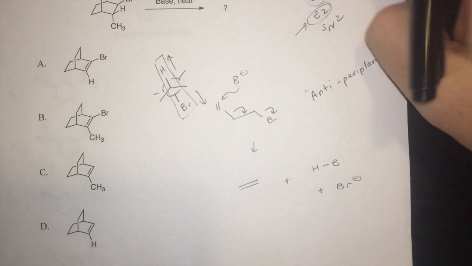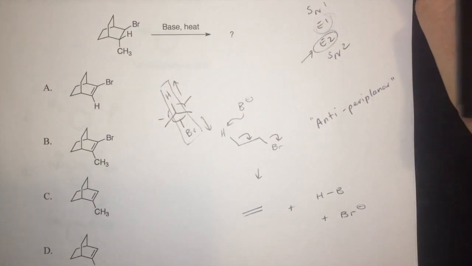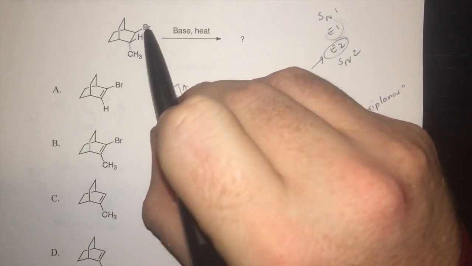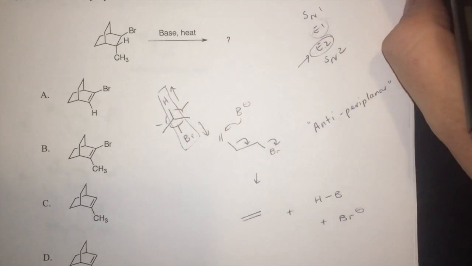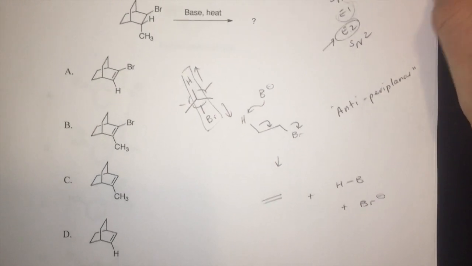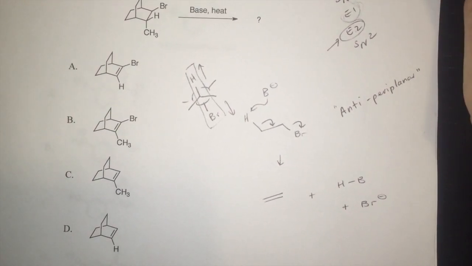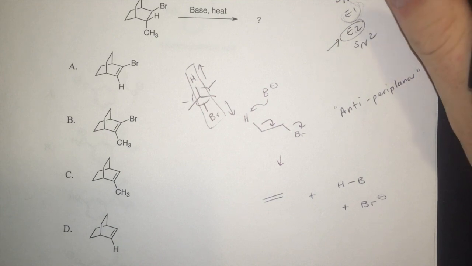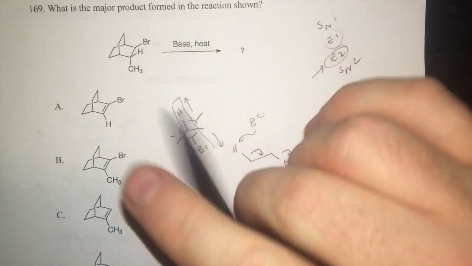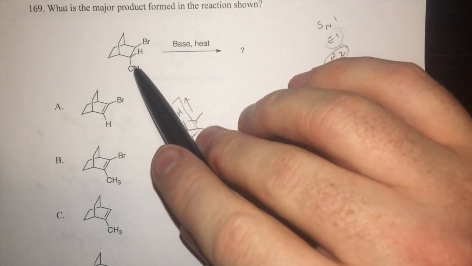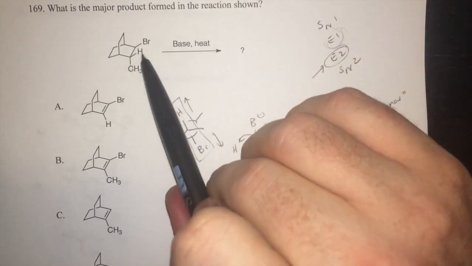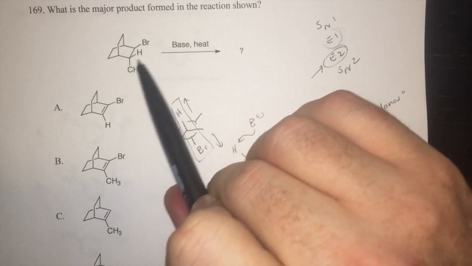That's why it happens. However, in some molecules, as we see in this case here, because here's the bromine, you can clearly see there's not going to be any hydrogen that's anti-periplanar to this bromine at all. So it's very tempting to select E as the product. But basically, what this question is trying to test you on, and I think there's many universities that probably don't even teach this at all, is that in some rare cases, like a constricted molecule, like a bicyclic compound, like we see here, if there is no anti-periplanar hydrogen to the leaving group, then the base will grab a syn coplanar or a syn periplanar hydrogen.